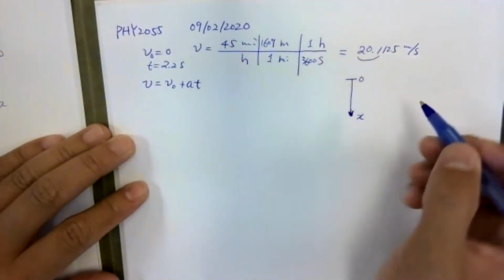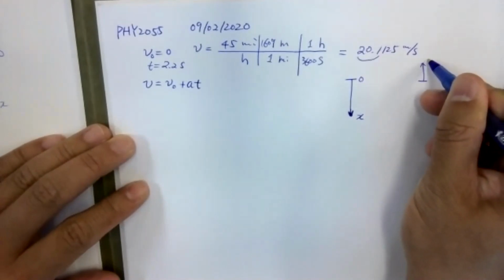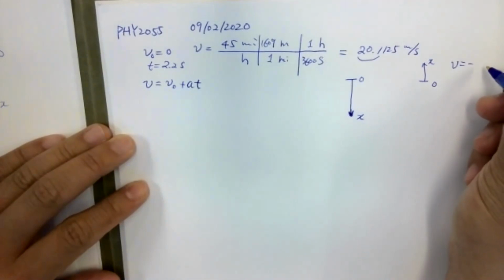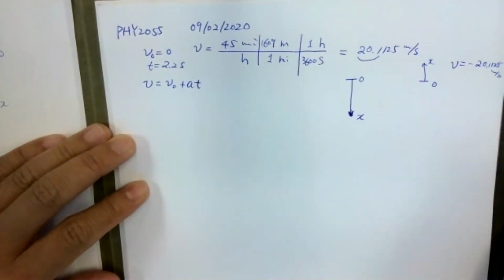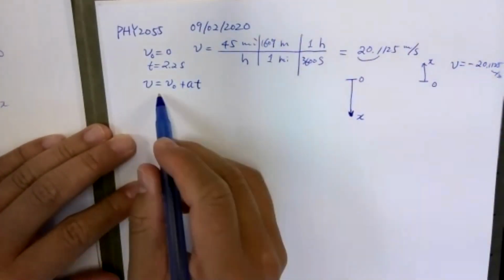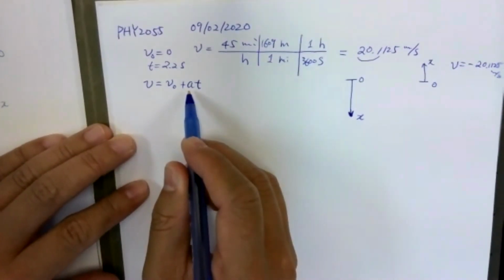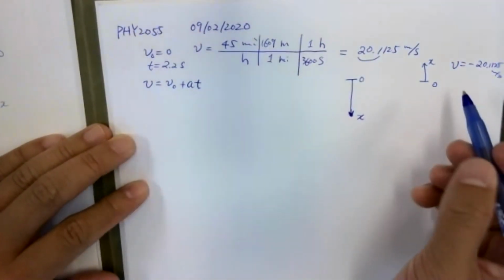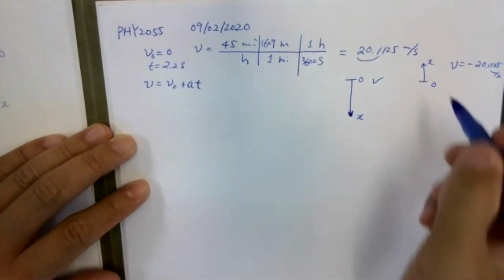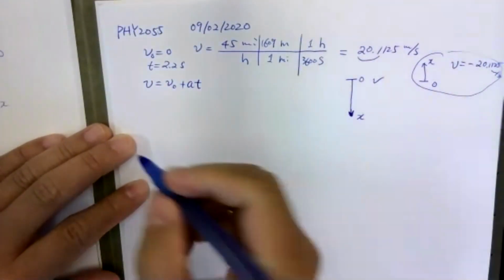If you pick upward as positive x direction, then your final velocity is negative 20.1125 meters per second. Using this equation to solve for A, you'll figure out A will be negative in that case. But we'll just take this one here. It doesn't matter.